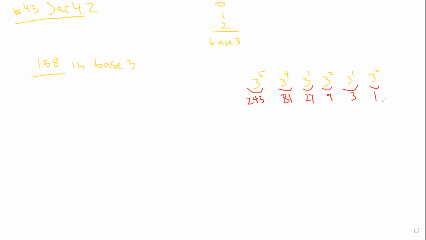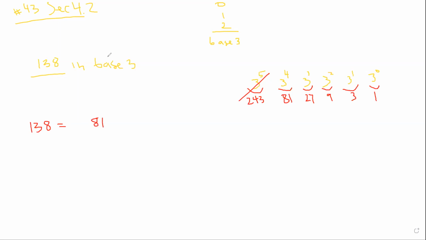And now I need to split my number 138 into these powers. I wrote 3 to the 5th here to show that we don't need to use it because it's already too much for 138. So I need to see how many 81s will fit into 138.